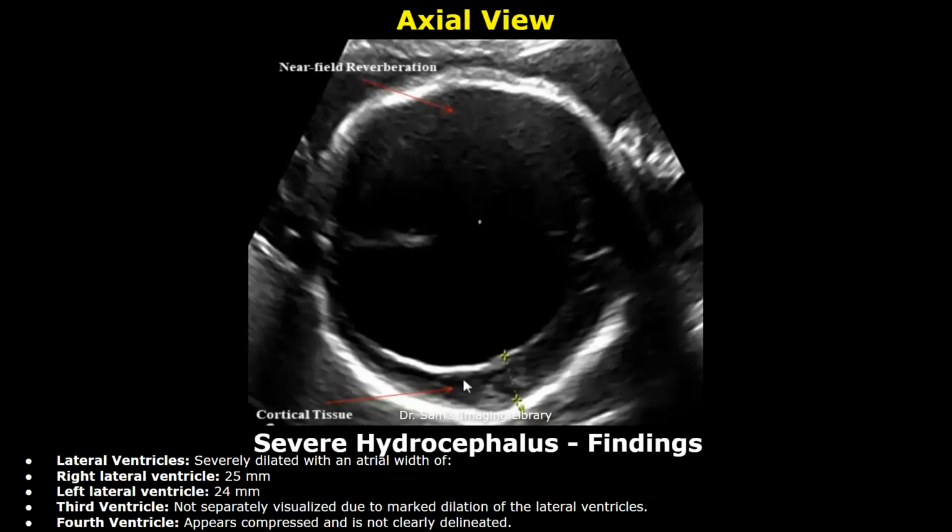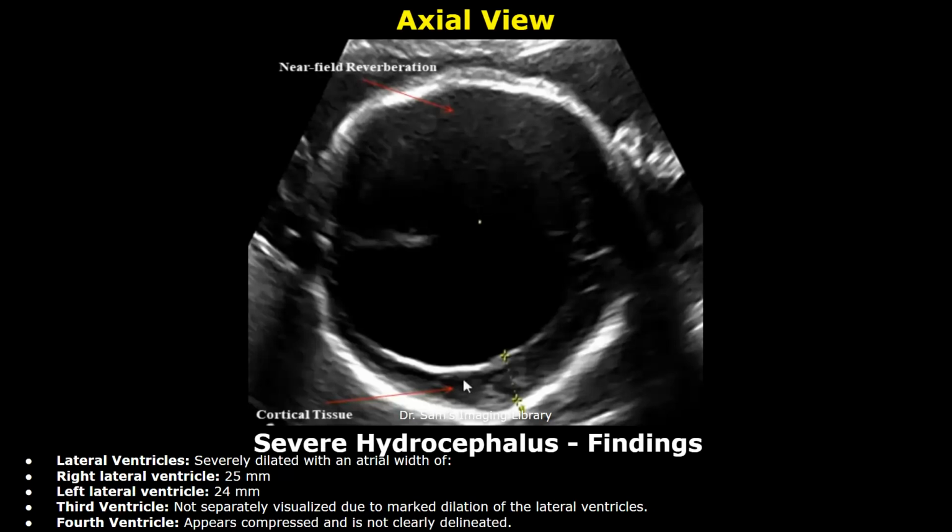Lateral ventricles, severely dilated with an atrial width of right lateral ventricle 25 millimeters and left lateral ventricle 24 millimeters. Third ventricle not separately visualized due to marked dilation of the lateral ventricles.